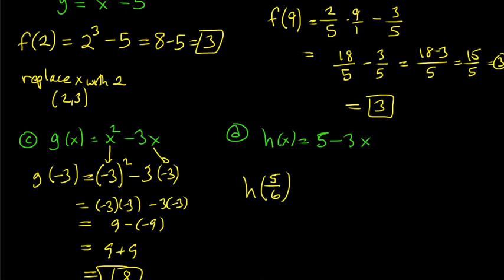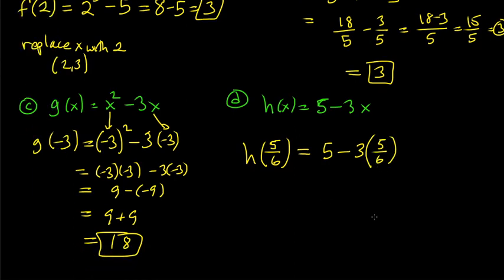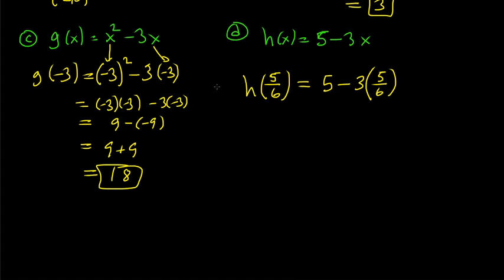After all, the domain is all real numbers, and 5 over 6 is a perfectly good real number. So this is 5 minus 3 times 5 over 6. If it helps, let's write this as 5 over 1 minus 3 over 1 times 5 over 6. So 5 over 1 minus 15 over 6.